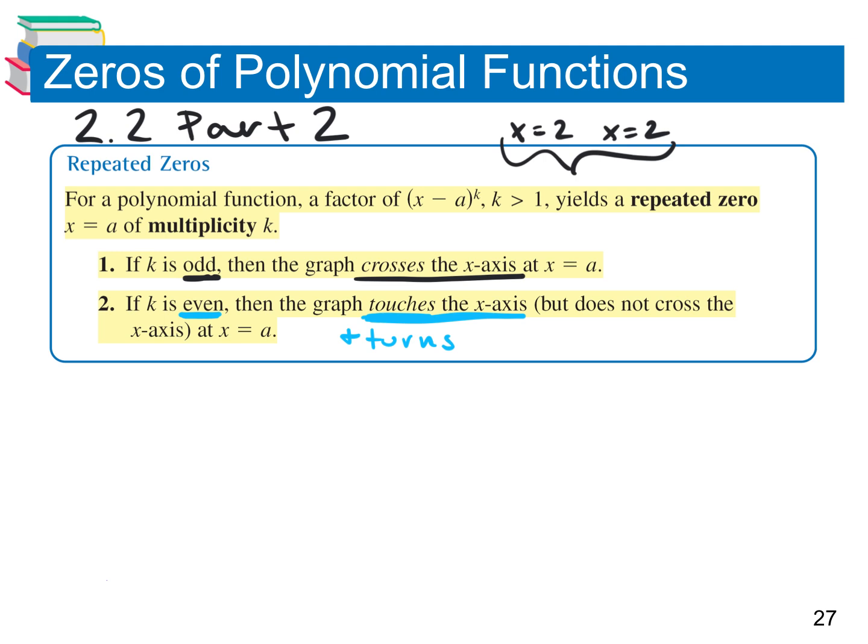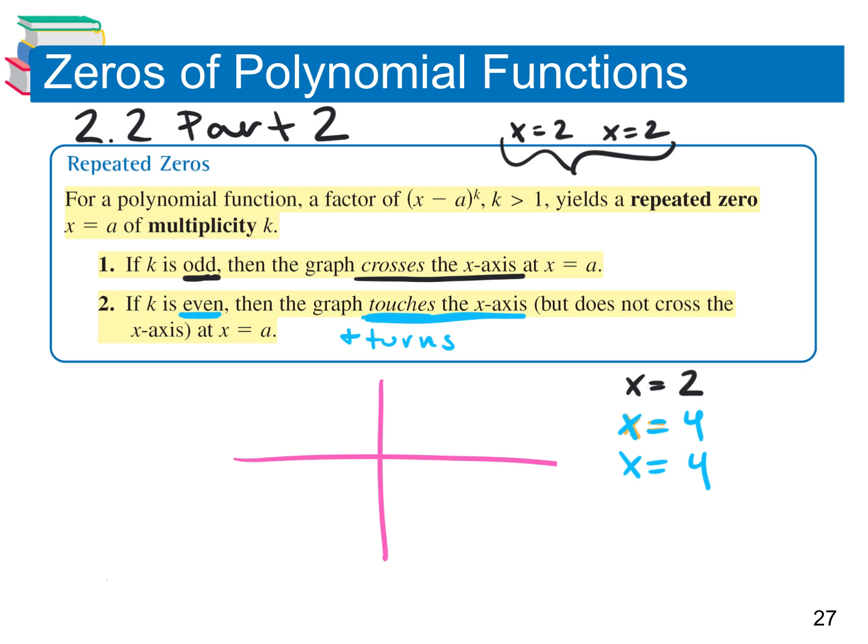So an example of these: let's say I had x is equal to 2, and then x is equal to 4, and x is equal to 4. These were my zeros.